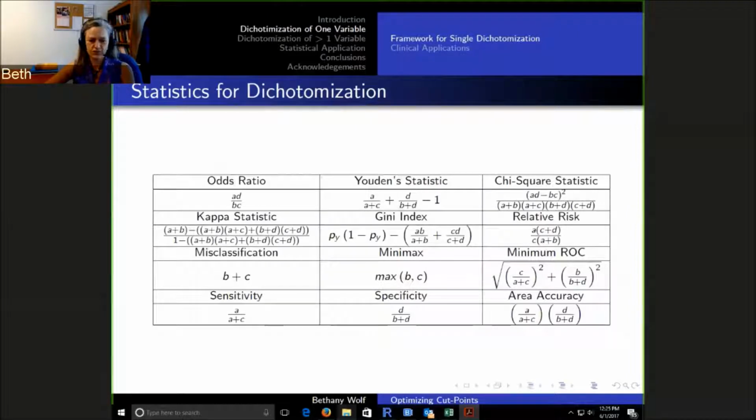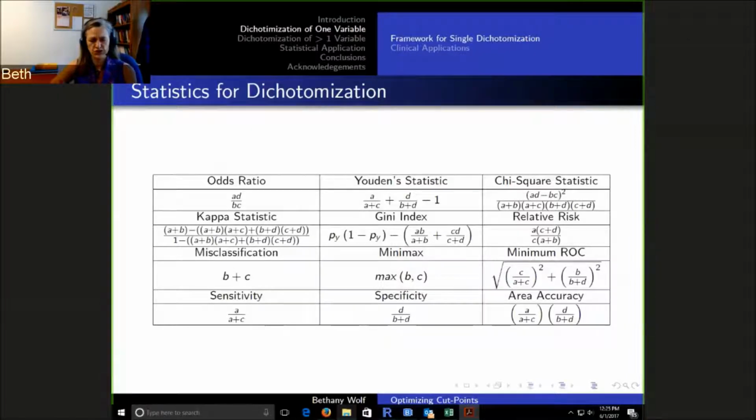This table shows 12 of the statistics that people have reported in the literature as possibilities for choosing a best threshold or cut point given a continuous variable, all based on the 2x2 table. So the ABCs and the ABCDs in the table all go back to that 2x2 table on the previous slide.